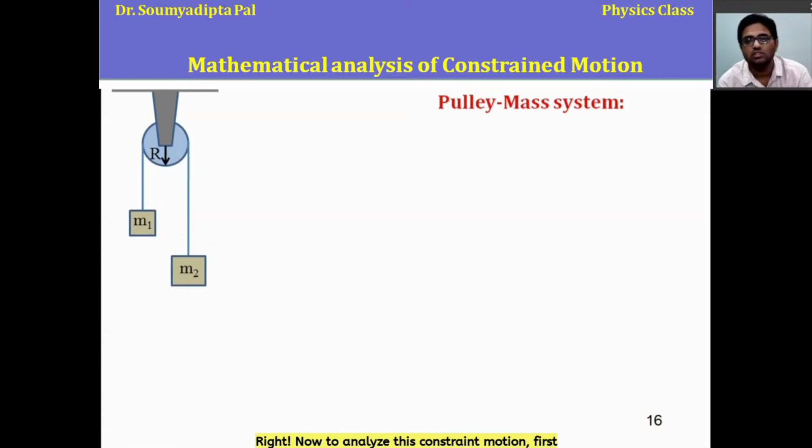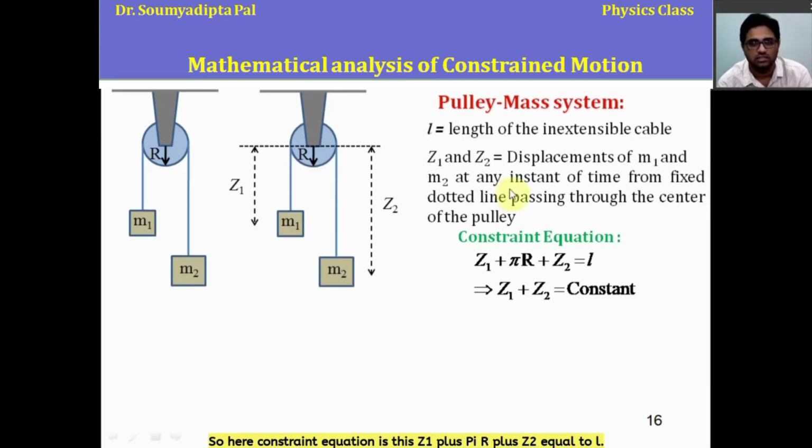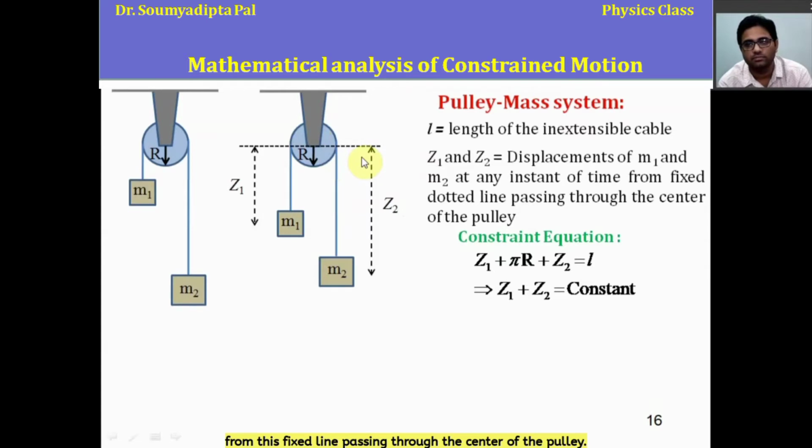Now to analyze this constrained motion, first we have to write down the constraint equation. So here the constraint equation is z1 plus pi r plus z2 equals L, where L is the length of this inextensible cable, and z1 and z2 are the displacements of m1 and m2 at any instant of time from this fixed line passing through the center of the pulley, and r is the radius of the pulley.